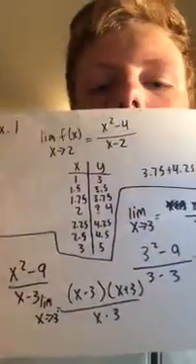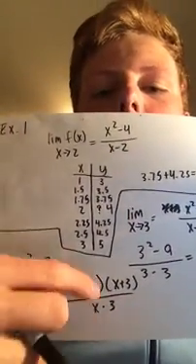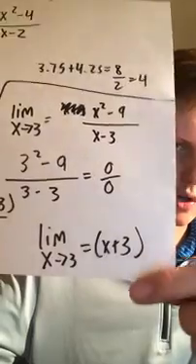Once we factor it out, right here on the bottom, we're going to be able to cancel out the x minus 3's, on the top and the bottom. So the limit as x approaches 3 equals x plus 3. So that is the final equation we are going to get.